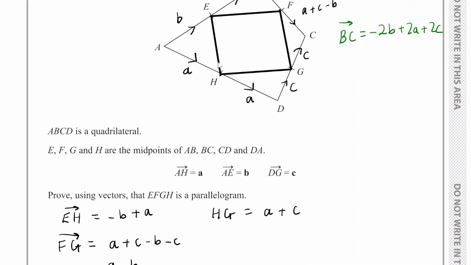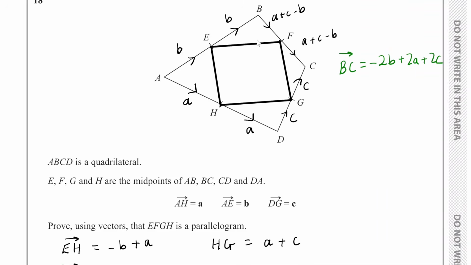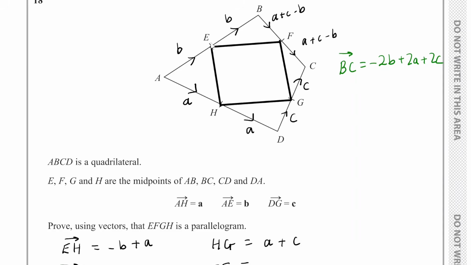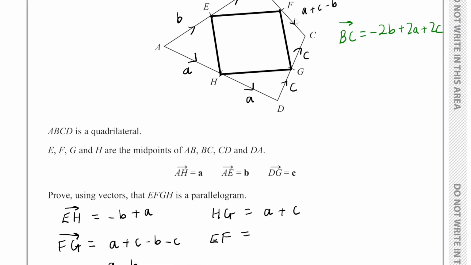And H to G, so E to F is the other one. E to F should be the same as H to G, so it's b plus a plus c minus b. So b minus b is nothing, so it's just a plus c.